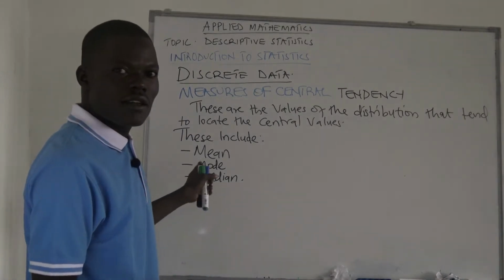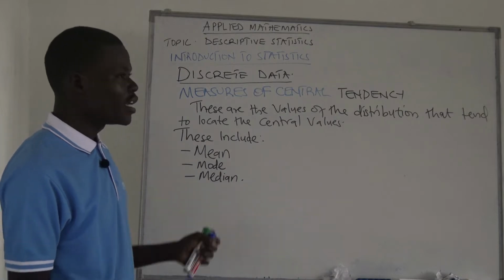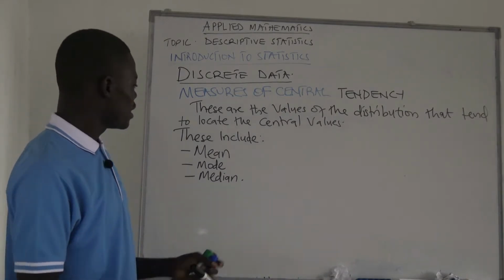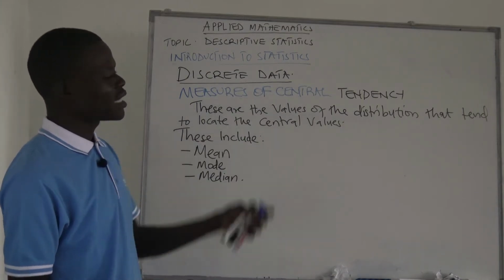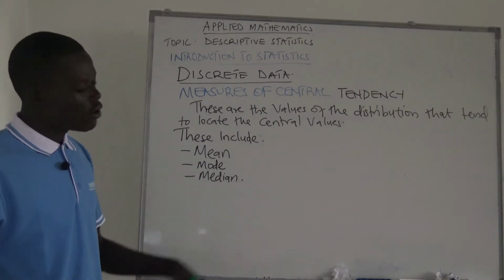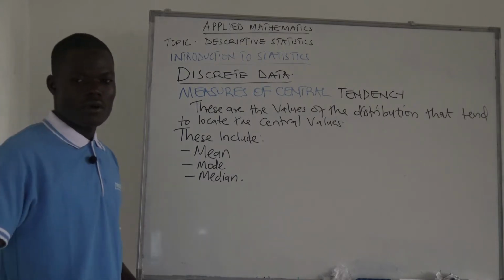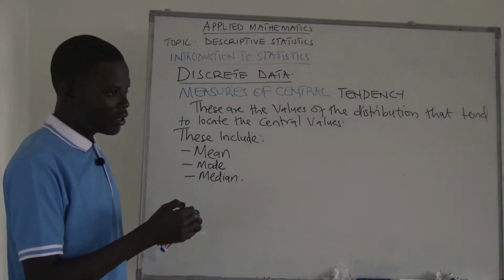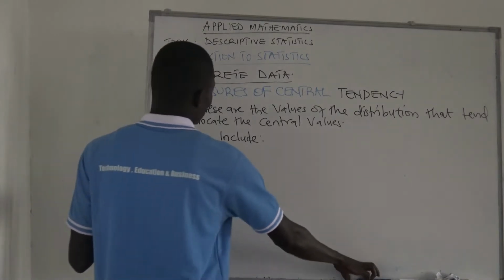So these are the three values we shall be looking at, one at a time. These are the values we are going to use to locate the central tendency of any information collected. So let us start with mean.